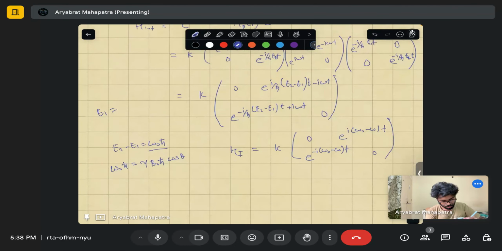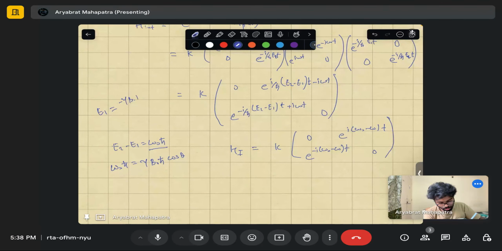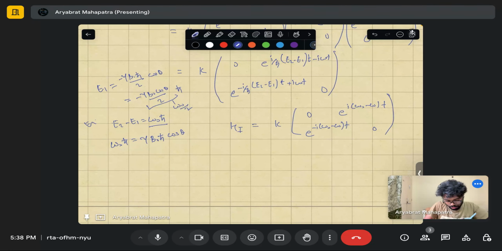So if I call gamma B0 cos theta by 2 omega naught, twice of it will be omega naught; this is omega naught by 2, and E2 is minus E1.